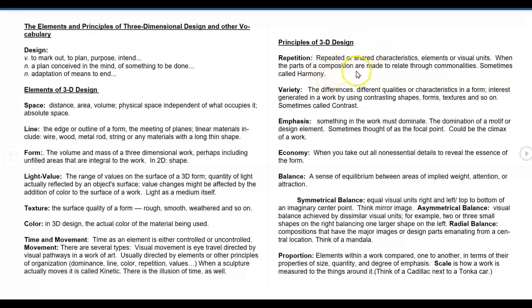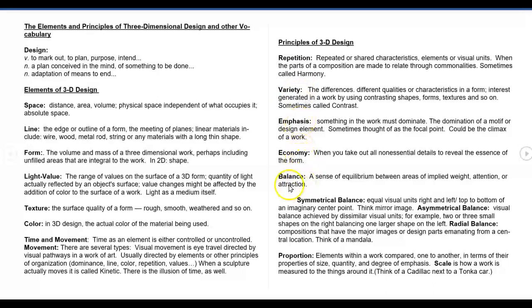Just know that it is also included in repetition. Then variety: you've got elements that repeat, and down here in variety, elements that don't repeat necessarily. They're a little bit different.